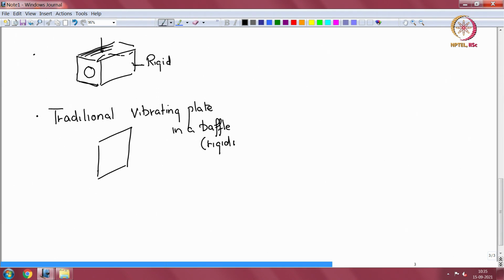So this plate vibrates, and it's placed in a rigid wall of infinite extent. This rigid wall extends to infinity, whereas this plate that is vibrating is finite. So we will proceed along these lines, and a few simpler topics or a few smaller topics.